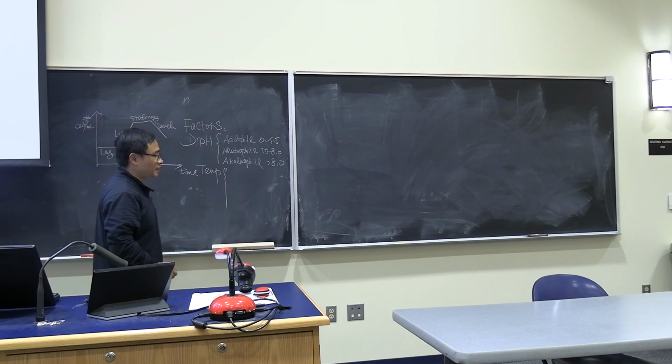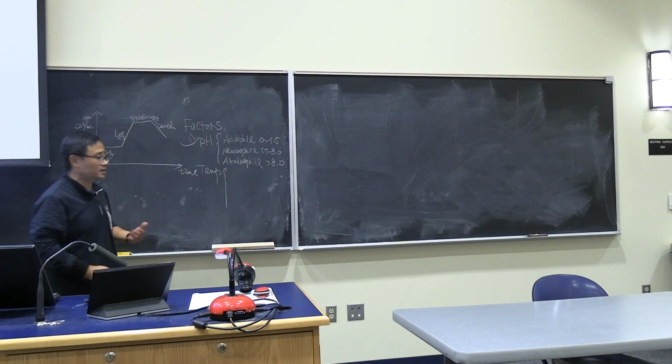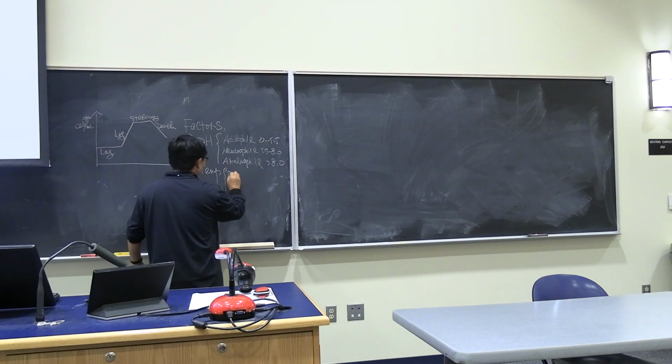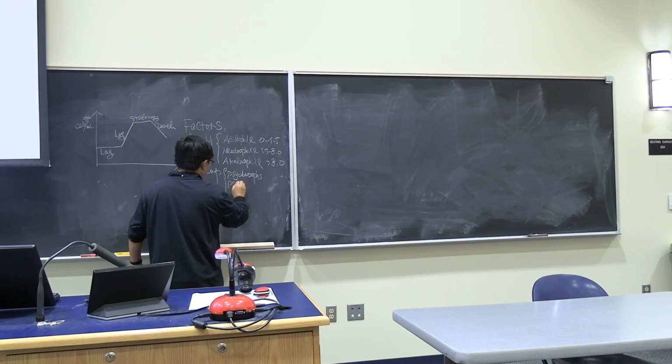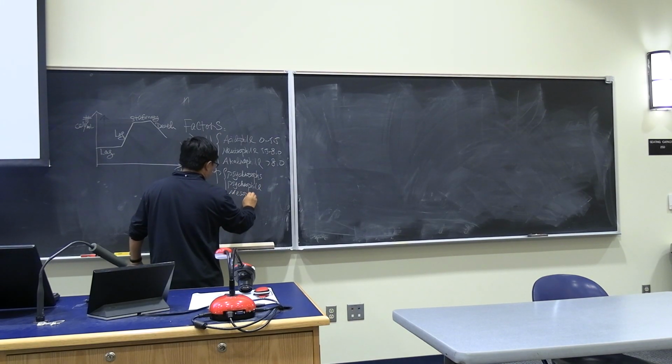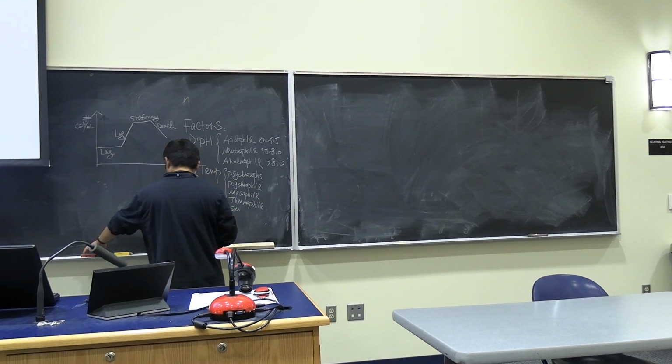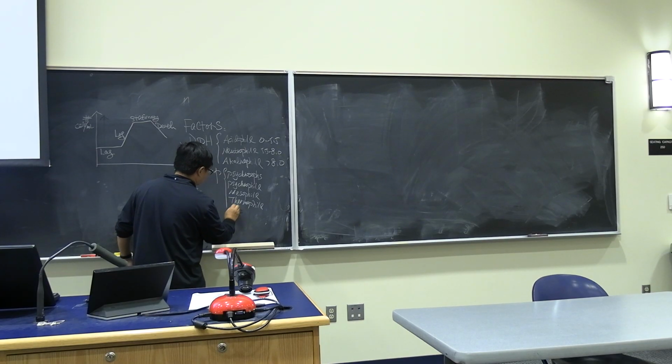Then we have temperature, because temperature is highly related to their enzyme activity. We have psychrotrophs, we have psychrophile, we have a mesophile, then followed by thermophile, and the last one is hyperthermophile, or super thermophile.